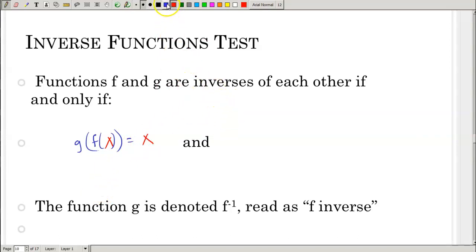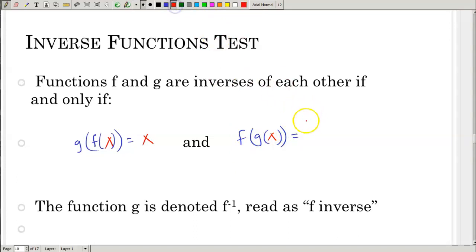And if I compose it the other way as well. So let's say I start with x, but this time I first plug it into g of x, and then immediately after that, I take that output and plug it into f of x.